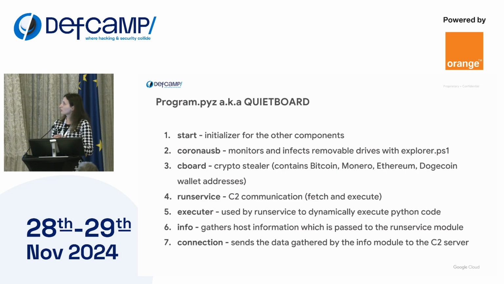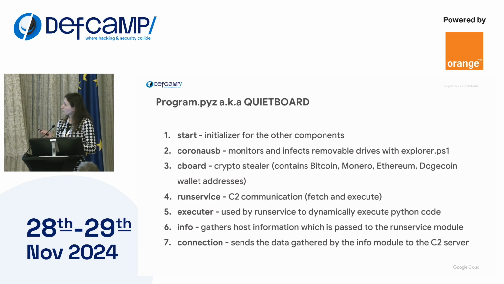And the last modules that were added to the backdoor were the C board and run service. So the one responsible for stealing crypto, and the C2 communication with fetch and execute, which is the capability to run arbitrary commands on the host.